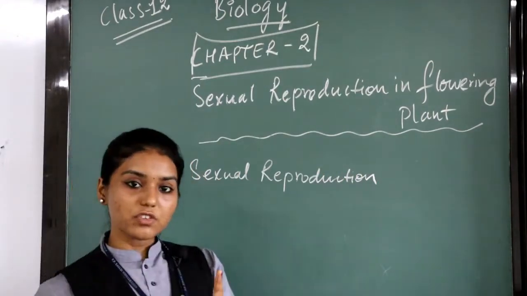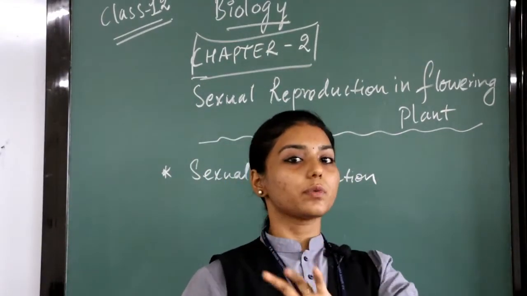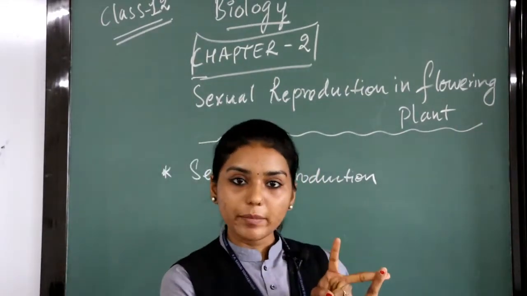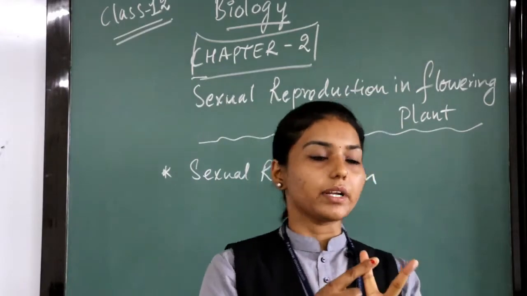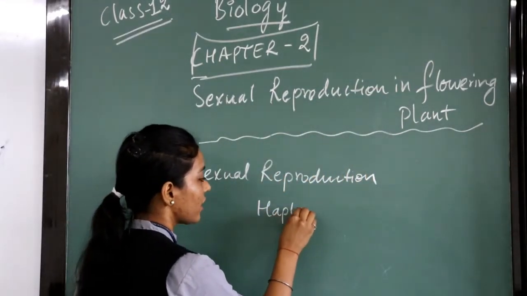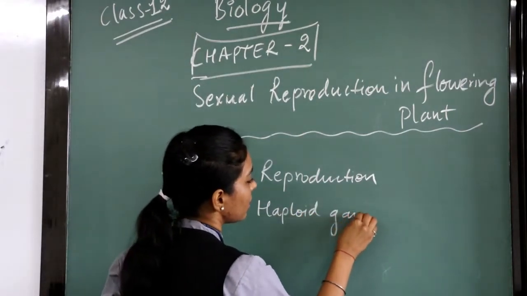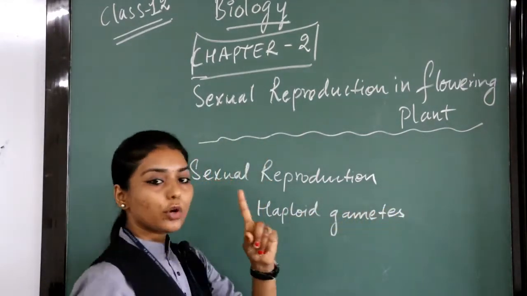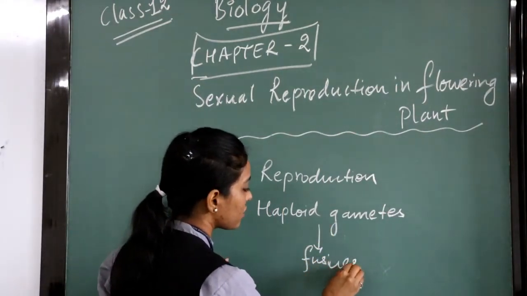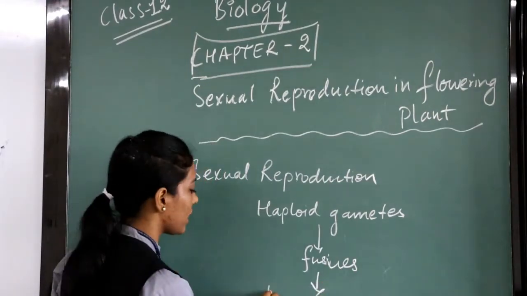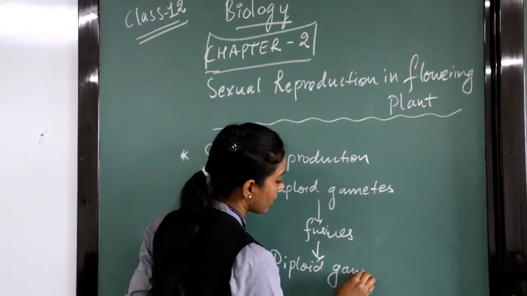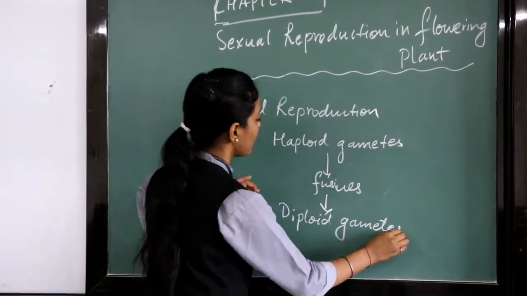Sexual reproduction is the result of reproduction between two gametes, that is one male gamete and the other a female gamete. Or you can say that when a haploid gamete fuses to result in a diploid.